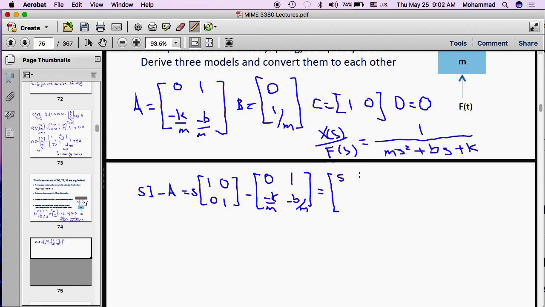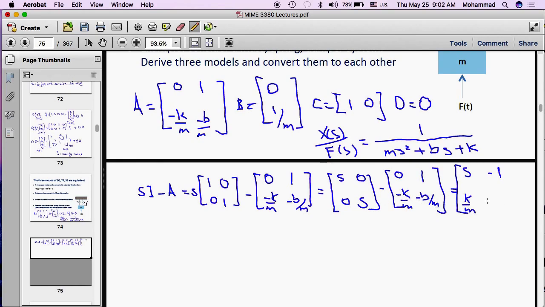So this becomes [s, 0; 0, s] minus [0, 1; -K/M, -B/M]. The result becomes s minus 0, which is s; 0 minus 1, which is minus 1; 0 minus negative K over M, which is K over M; and s minus negative B over M, which is s plus B over M. Did you see that?